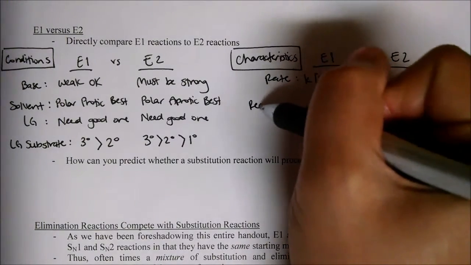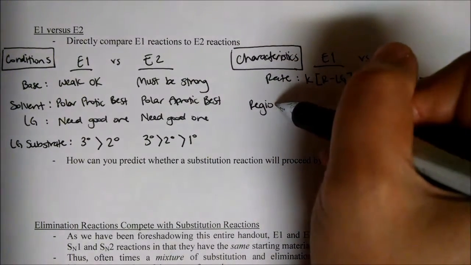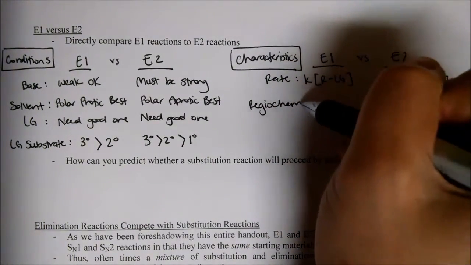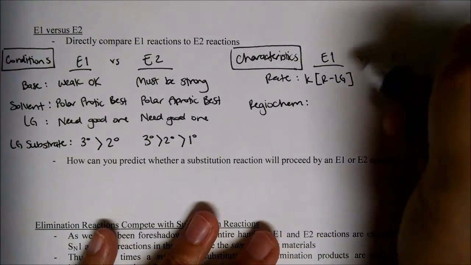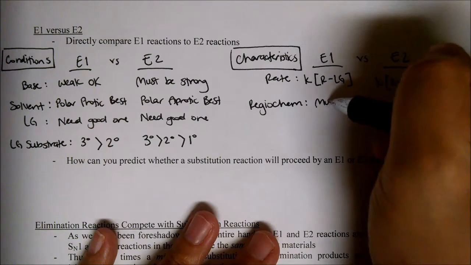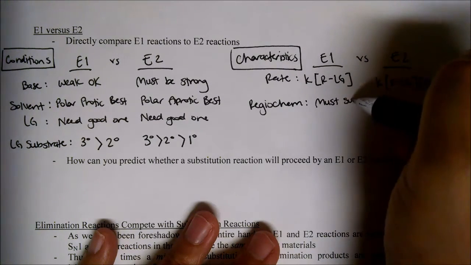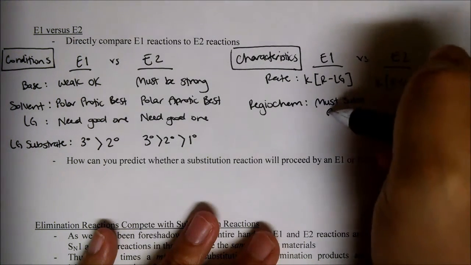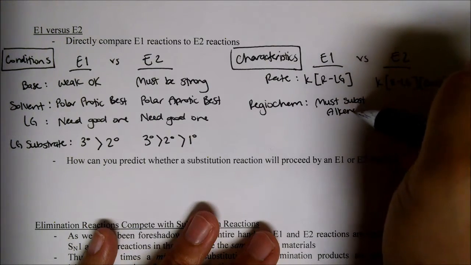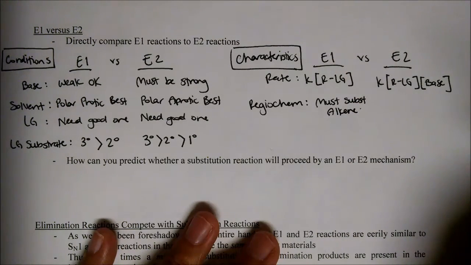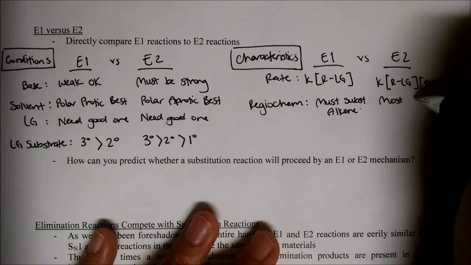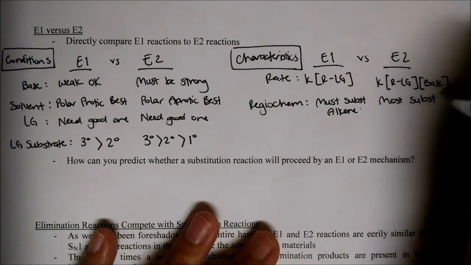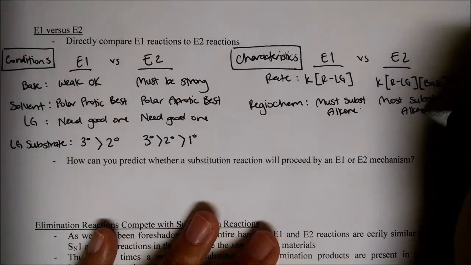Okay? How about the regioselectivity of the reaction? For both E1 and E2, we form the most substituted alkene. In terms of which beta hydrogen we are going to react with, we're going to react with the one that gives us the most substituted alkene, because again, it's the most stable.